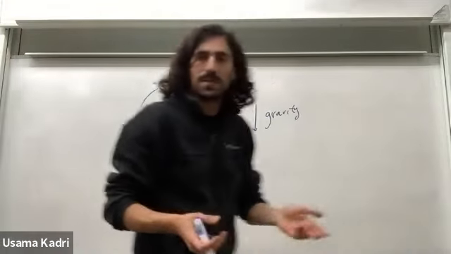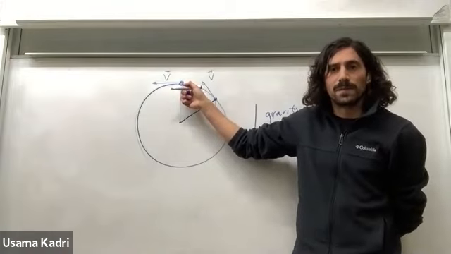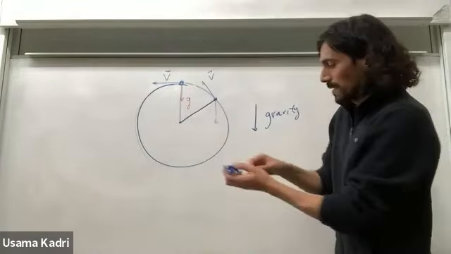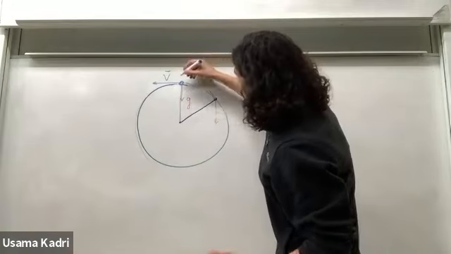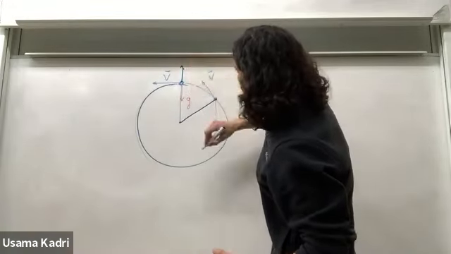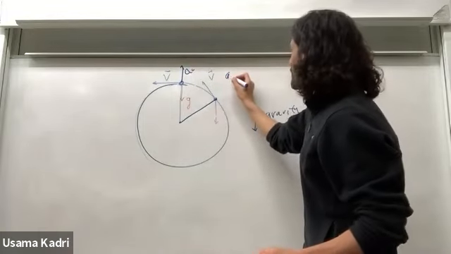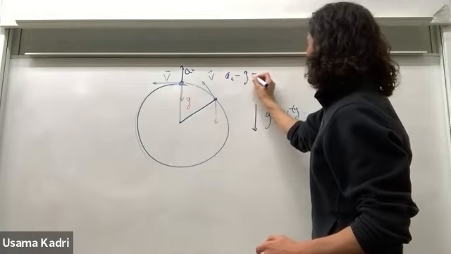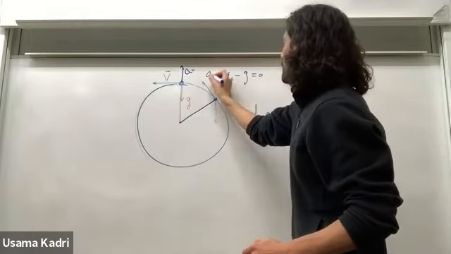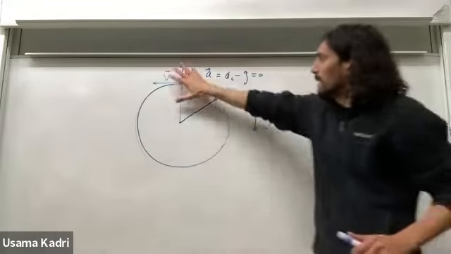If there is no pull in the system, this object feels no gravity, because the centripetal acceleration is now exactly canceling out the gravity. So AC minus G equals 0. This would be the acceleration that the object would actually feel.